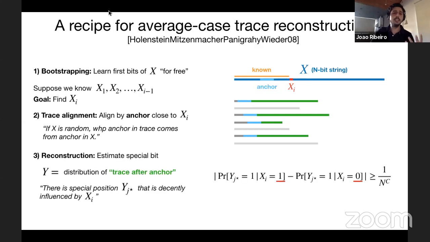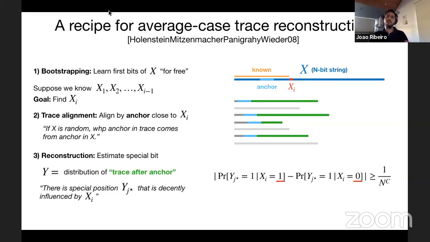And the way you do this is essentially that you prove, and this is the technical meat of this algorithm really, that there is a special index, j star, somewhere between the end of the anchor and xi in the trace that is decently influenced by xi. What this means is that the distribution of y_{j*}, or the probability that y_{j*} equals 1, is significantly different whether xi is 0 or xi is 1. In particular, you have an inequality like here on the right-hand side.